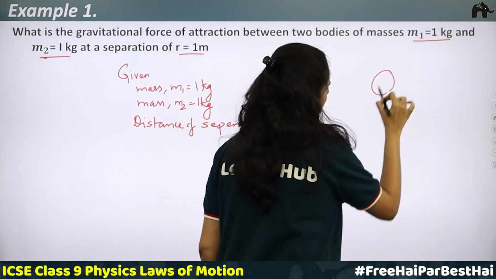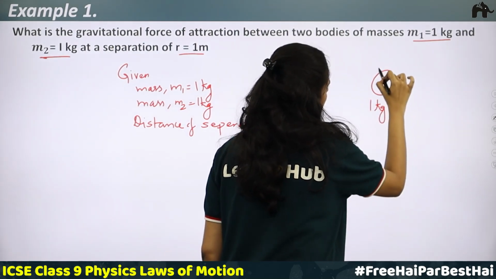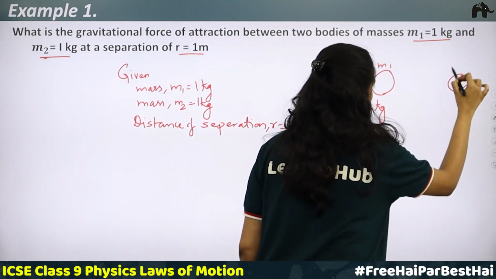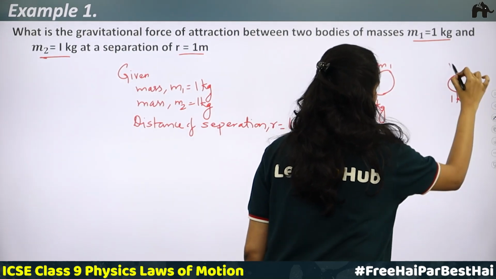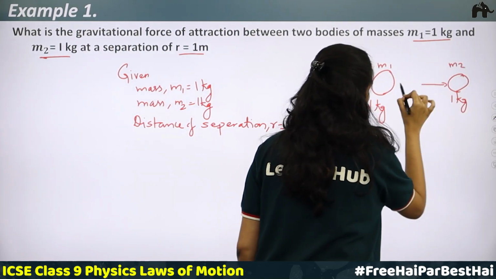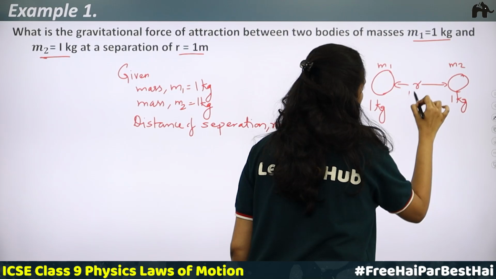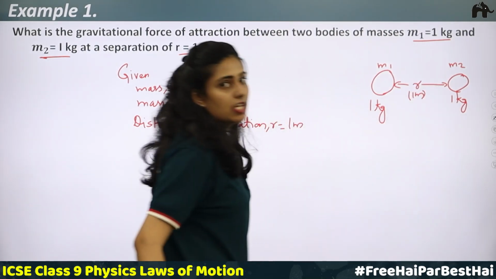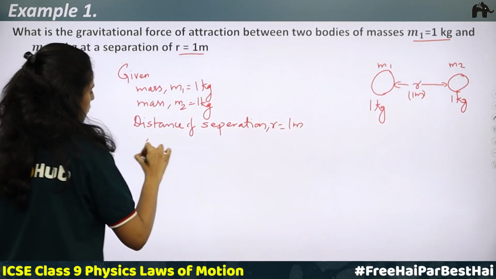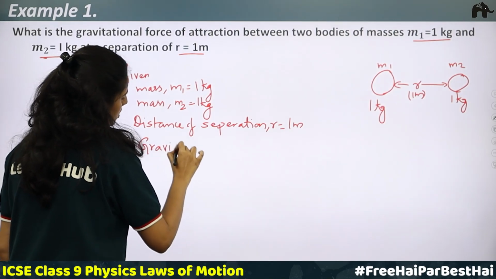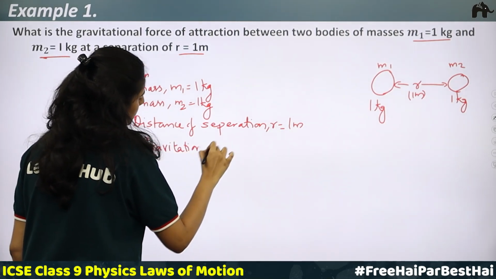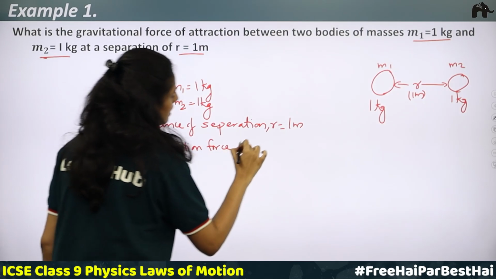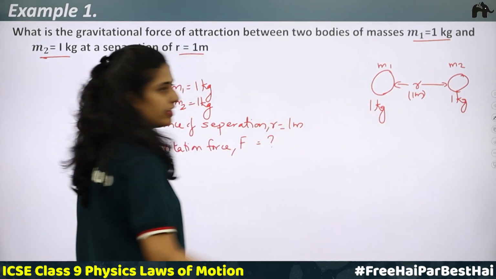So here we have 1 kg mass, which is M1. Here we have 1 kg mass M2, and the separation between them r is 1 meter. We have to find the gravitational force F.